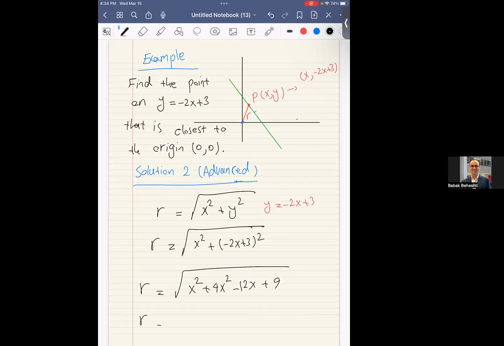Simplifying, r is the square root of 5x squared minus 12x plus 9. And x can be anything from minus infinity to plus infinity.